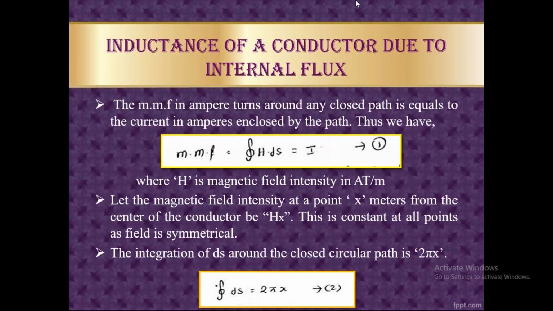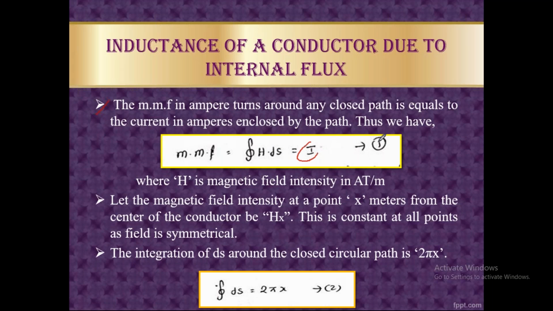Now see here the first sentence. The MMF in ampere turns around any closed path is equal to the current in amperes enclosed by the path. It means that when a current is flowing through any closed path, there will be a generation of magnetic field intensity with respect to the surface area.